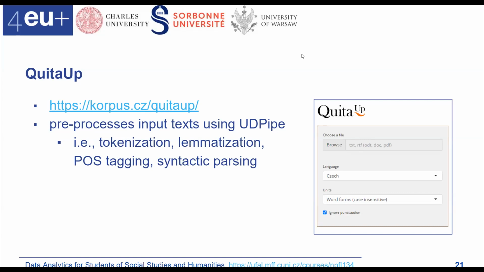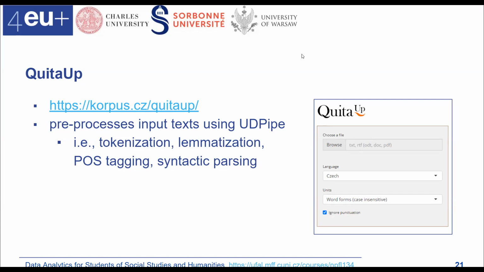So it does tokenization, then lemmatizes text. In other words, replacing tokens with their basic forms, lemmas. Then it does part-of-speech tagging, so part-of-speech labeling and morphological categories labeling, and syntactic parsing.